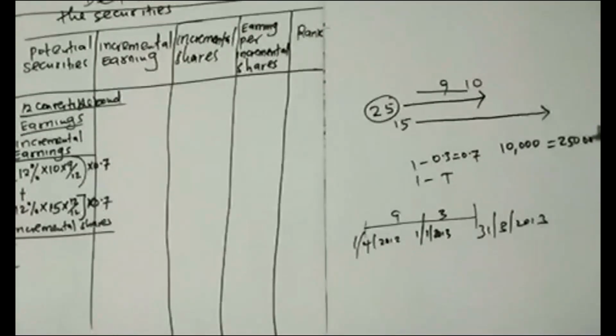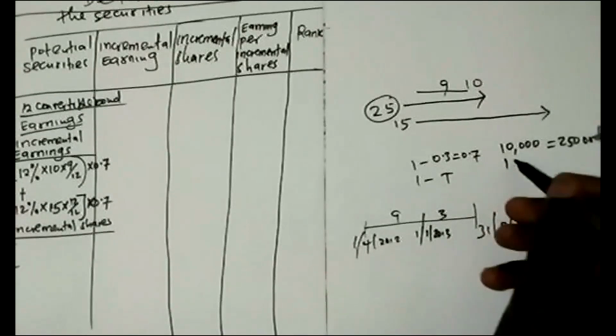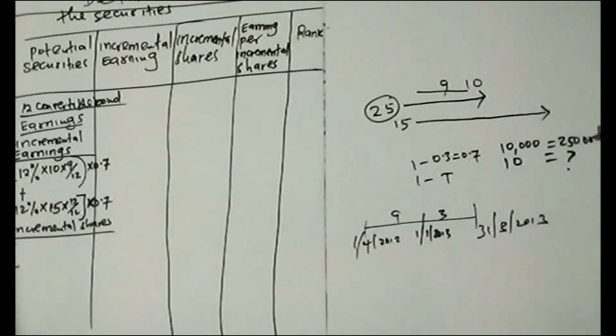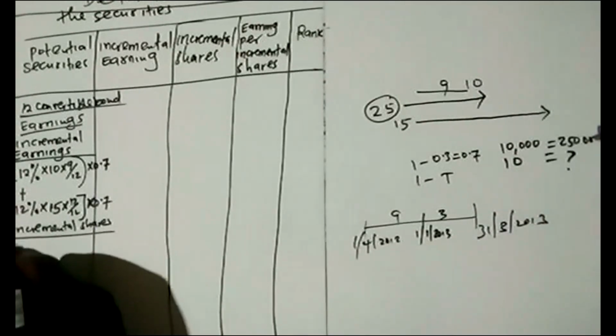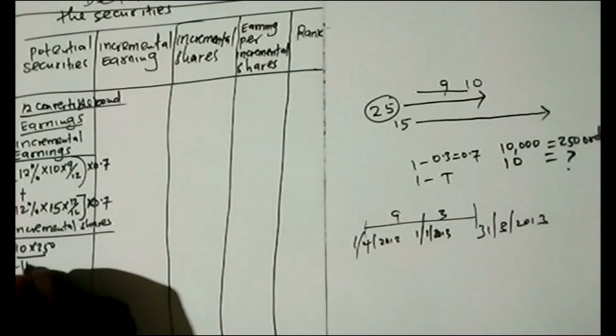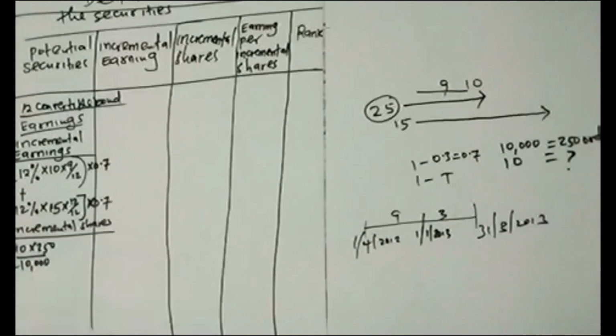So the first thing they converted was 10. So what about that? I will say 10 times 250, divided by 10,000.